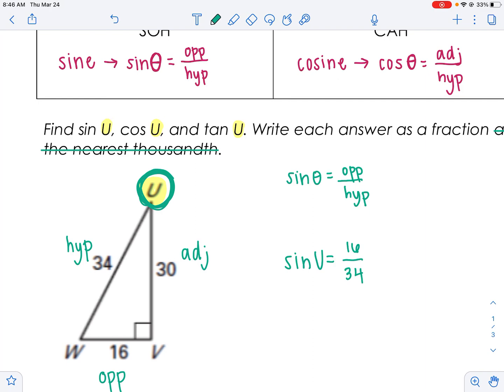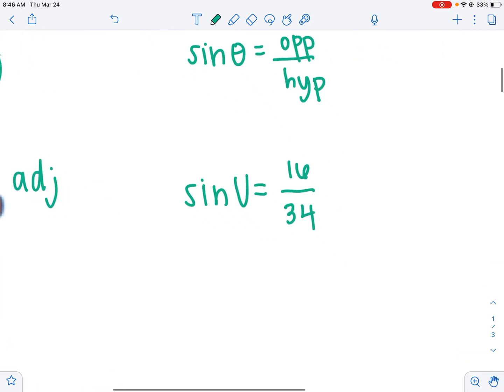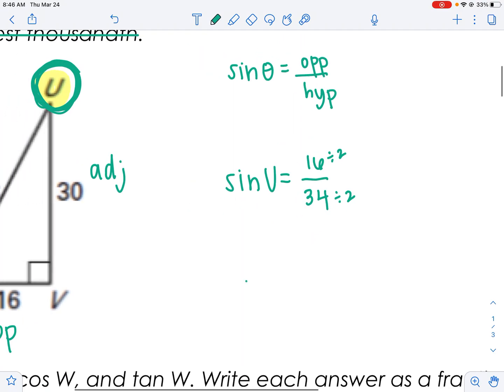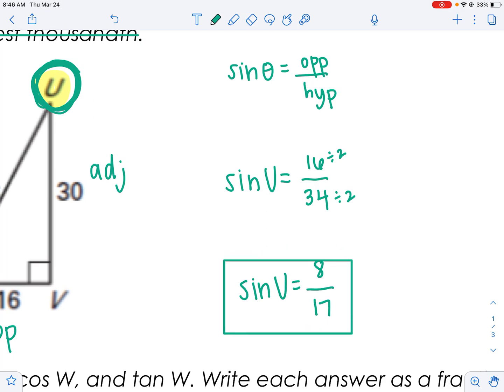And I need to be careful to ask myself, does that reduce? Does 16 over 34 simplify? Is there a number that goes into 16 and 34? Well, they're both even, which means if I divide each one by 2, that would reduce down. So my final answer is that sine of u equals 8 over 17.